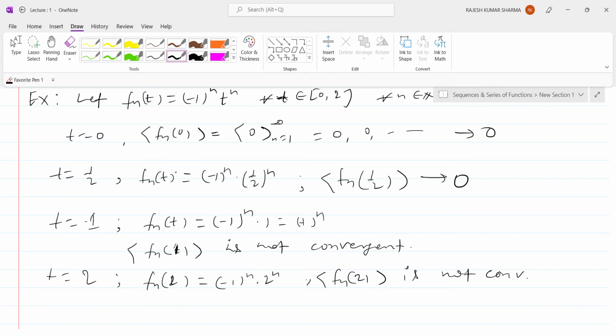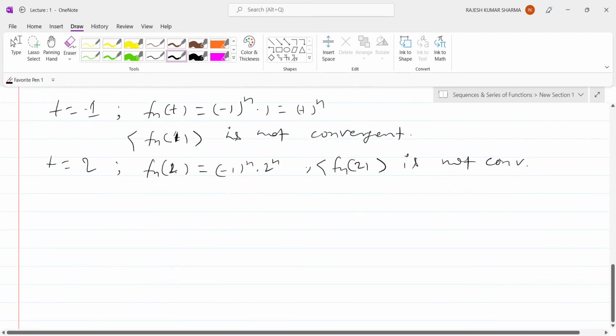So it can happen that if a sequence of functions is given, it may converge at some points and may not converge at other points. If the sequence f_n(t) converges at each point of t belongs to D, then the sequence is called pointwise convergent. If there exists at least one point where the function is not convergent, then the sequence is not pointwise convergent. If convergent at every point of t belongs to D, then the sequence is pointwise convergent.